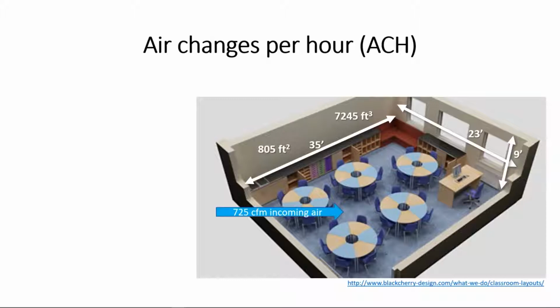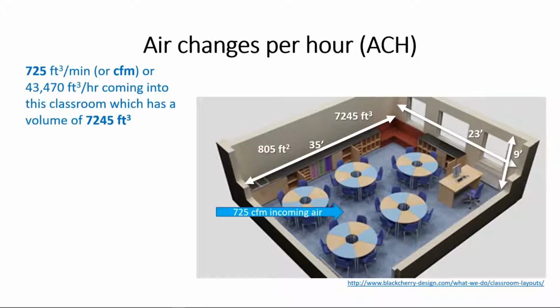If we have 725 cubic feet per minute of air coming into this room from the ventilation system, then we can calculate the number of air changes by changing cubic feet per minute to cubic feet per hour, which is a huge number, 43,000.